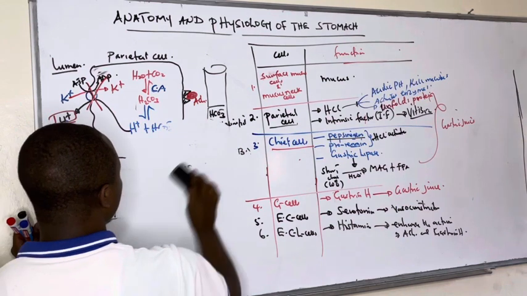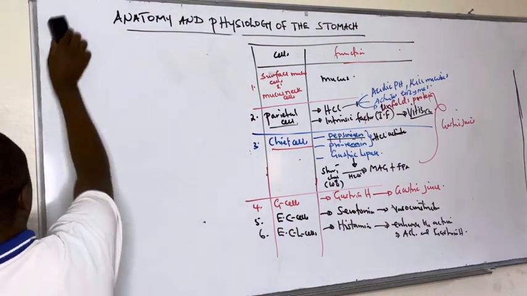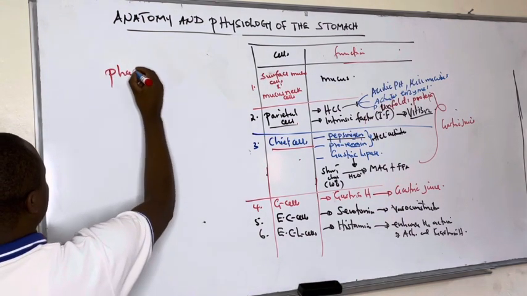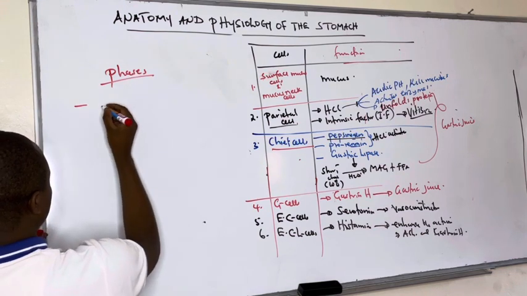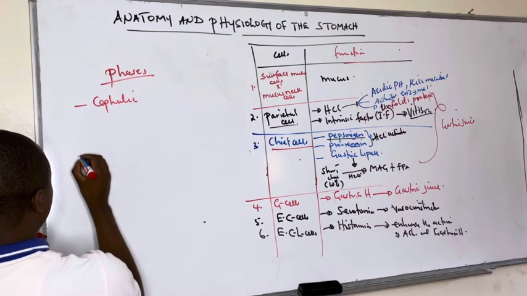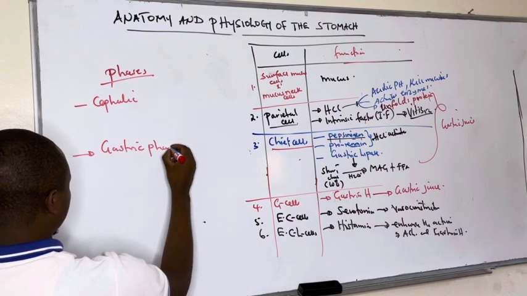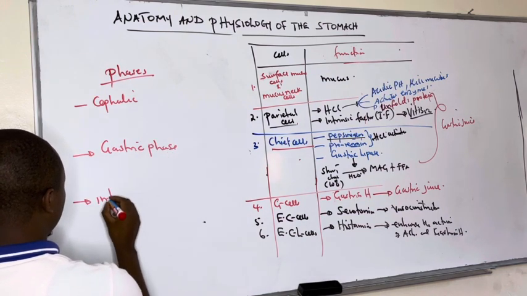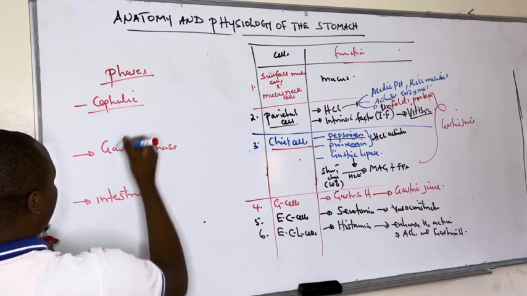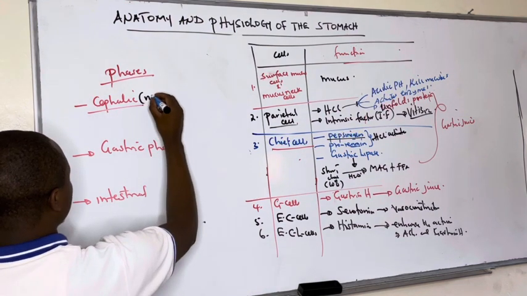These phases of gastric secretion include the cephalic phase, the gastric phase, and the intestinal phase, whereby the cephalic phase is purely nervous, due to the nervous system.